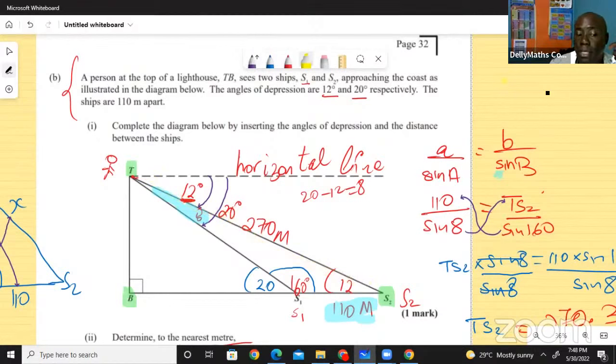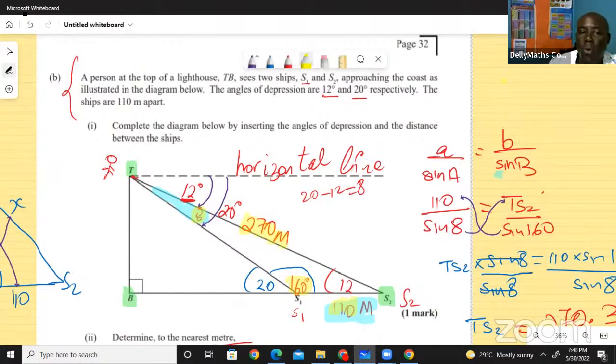But you could come inside here and utilize the 8 up here and the 110, because the 110 is actually fully opposite to it. And the 160 is opposite to this. But remember, there was no value there.